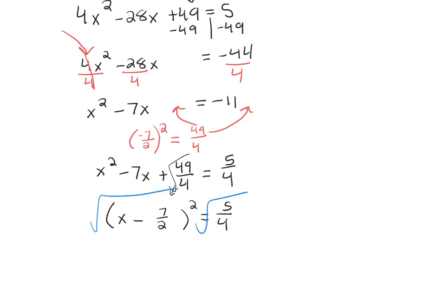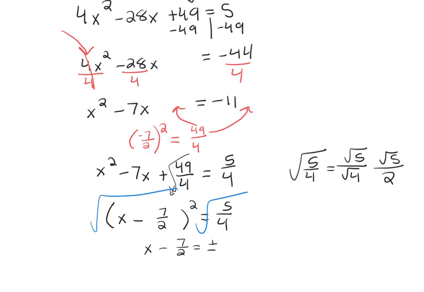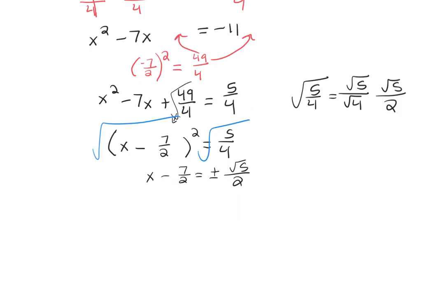Square root both sides. So x minus 7/2 equals plus or minus. Now, the square root of 5/4 is the same thing as square root of 5 over square root of 4, which is square root of 5 over 2. So I'm going to write that as plus or minus square root of 5 over 2.